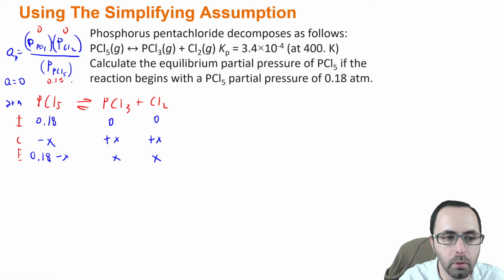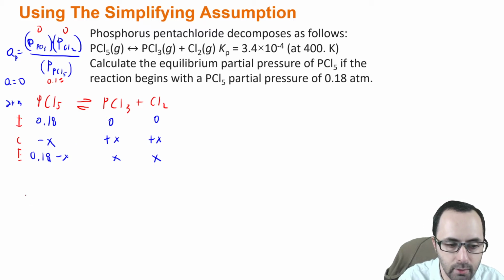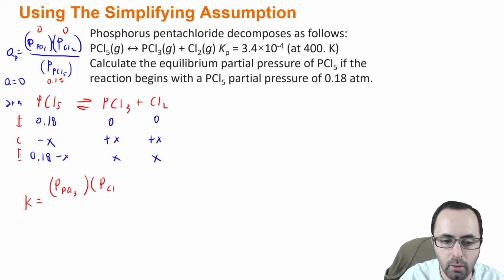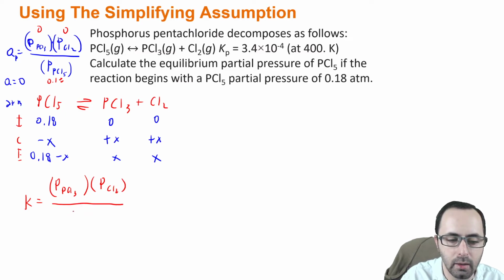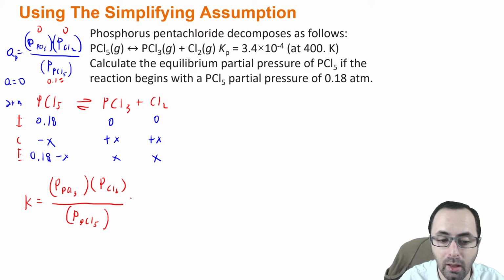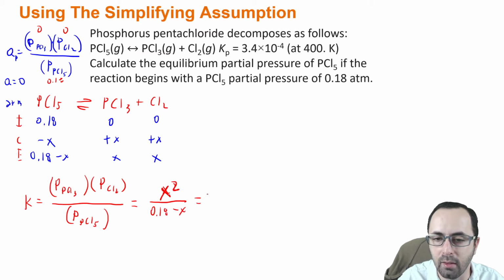So if we plug in for K here, just like Q, K is going to be the pressure of PCl3 times the pressure of Cl2 divided by the pressure of PCl5. And what we'd like to do is use a simplifying assumption. I'm going to plug these in. I'll get X times X, which is X squared on the top, and then on the bottom, I'll have 0.18 minus X. And our K is given as 3.4 times 10 to the minus 4.